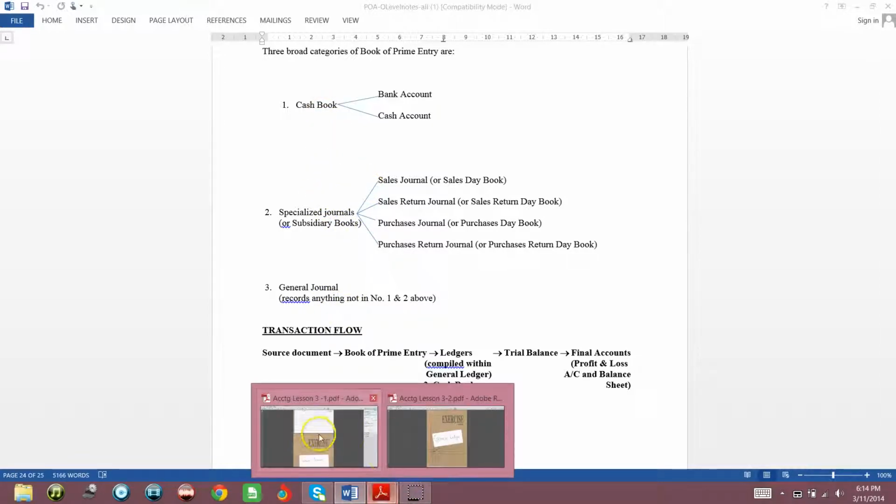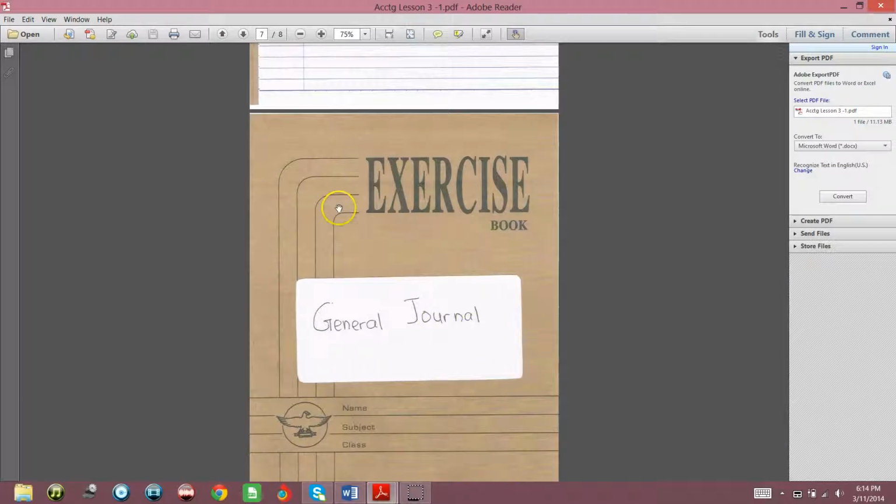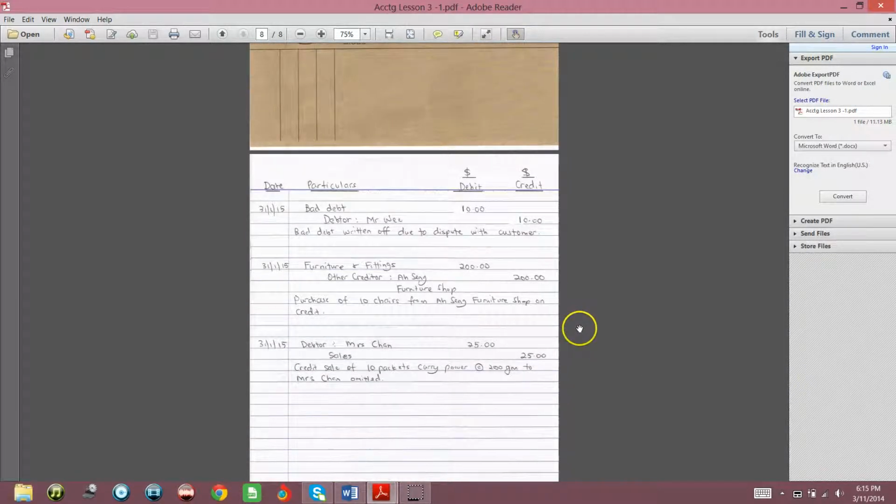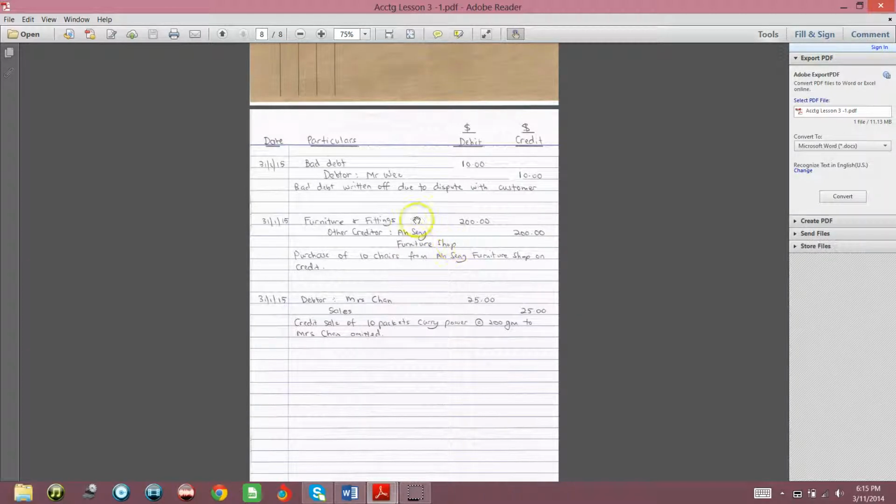General journal is to record anything not in number 1 and not in number 2. For example, I put another exercise book and I call it general journal. So this is how my general journal will look like. For example, bad debt written off. Normally we will do the recording of general journal once at the end of the month. We check through everything and then we record it.